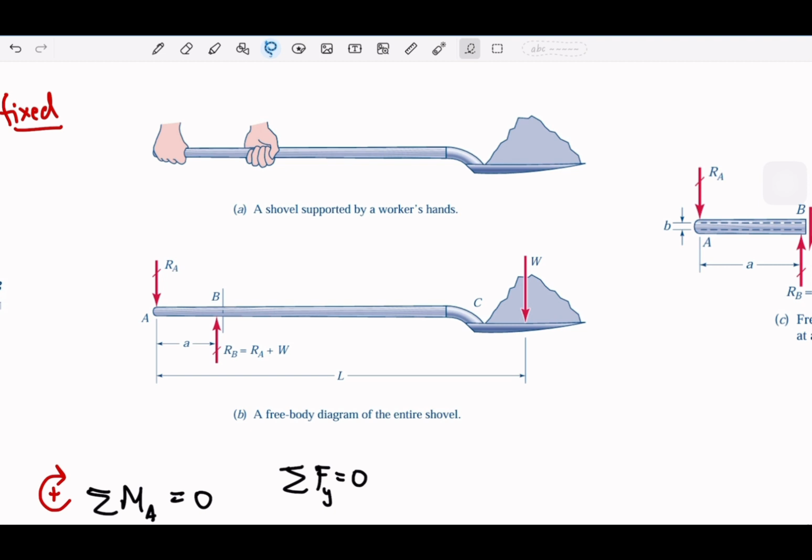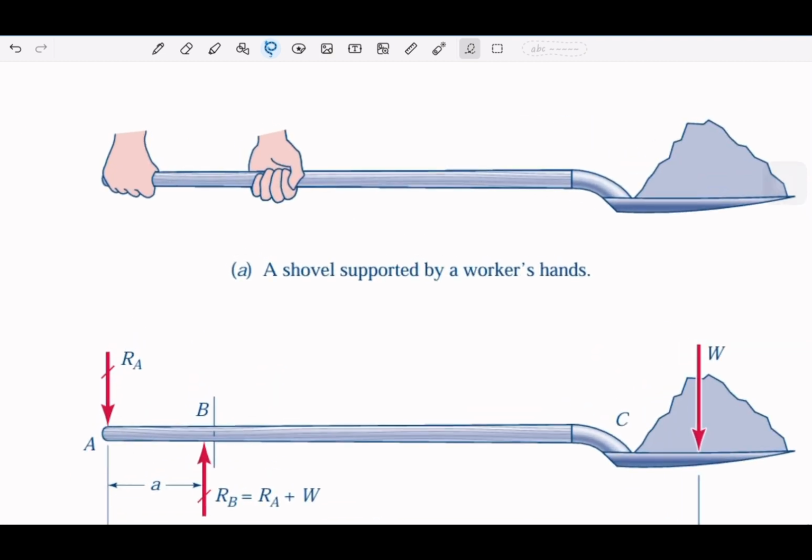If you hold it and move your left hand closer to your back hand, you'll feel it is more heavy, because of the length, and then the moment will be greater, right?